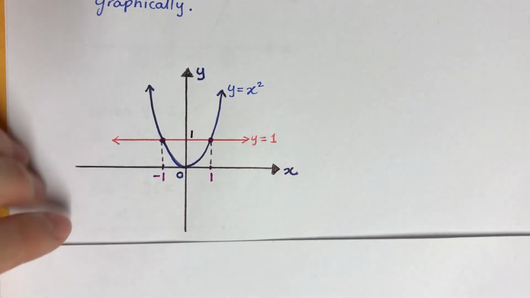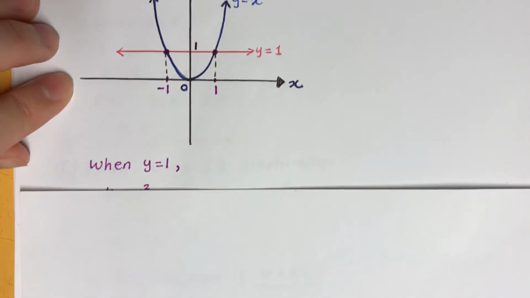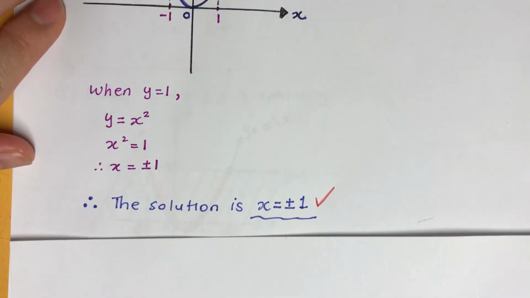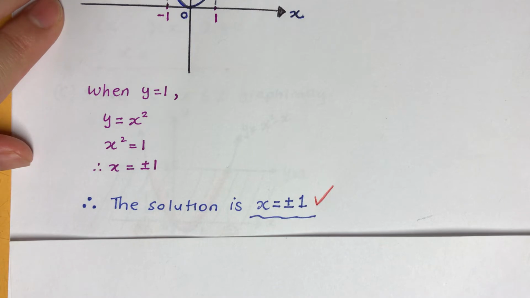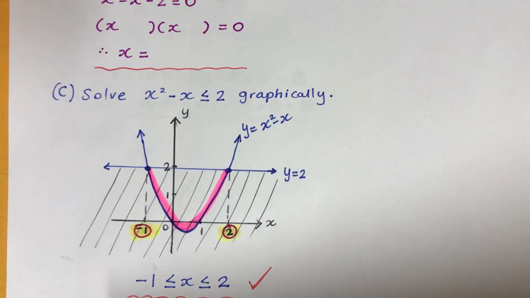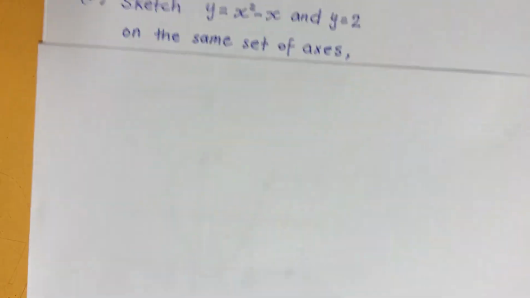Okay, but it's always nice to check the graphical answer algebraically. So the solution for this graph is x equals plus minus 1. Okay, so that's done. Next one. I'm going to put that up.